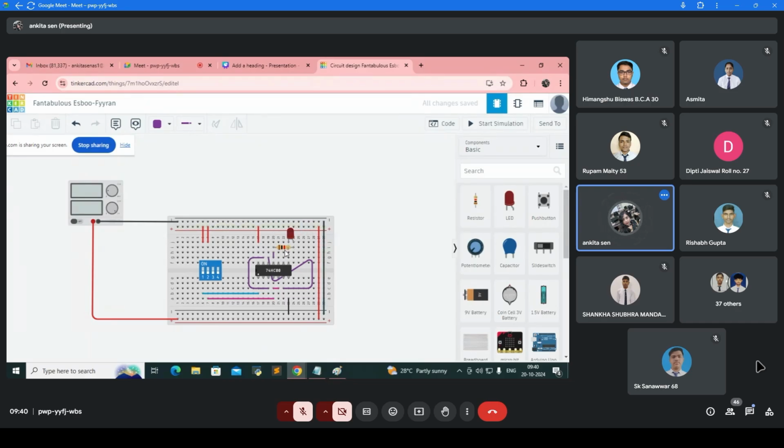Okay, better do it this way. Okay, and the cathode needs to be grounded.